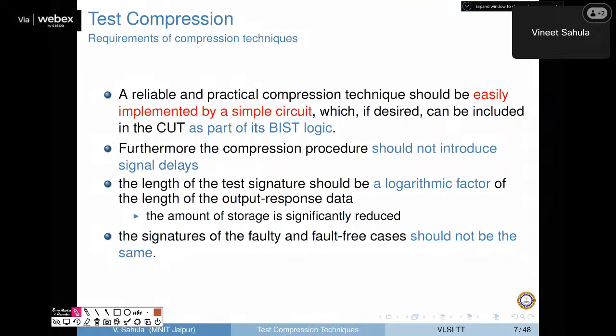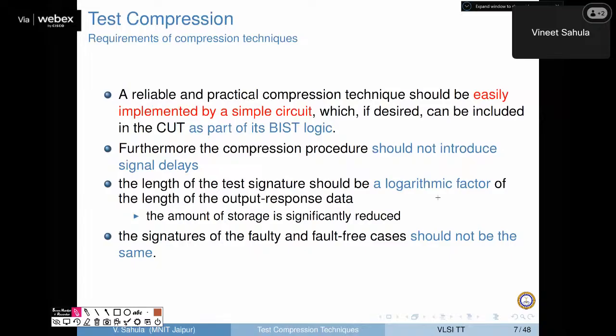So test compression, the requirement is we should be able to implement it with a simpler circuit, and it should not add extra signal delays in your DFT, and the signature length should be logarithm of the total output. It should at least be that.